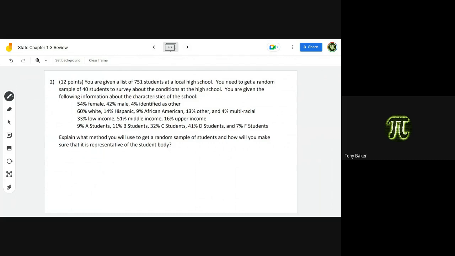Let me pull it up. Get the exact. Cluster sampling doesn't necessarily take into effect the percentages, where stratified sampling does. So more of what you were describing was stratified sampling than cluster sampling.